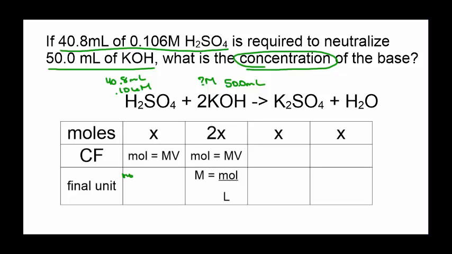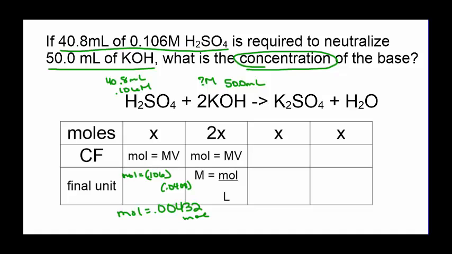All right, so moles are going to be equal to 0.106 times 0.0408. We just changed our milliliters to liters. So that's going to give us moles equal to 0.00432.